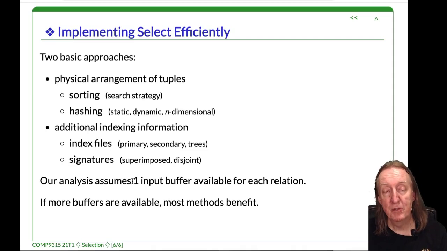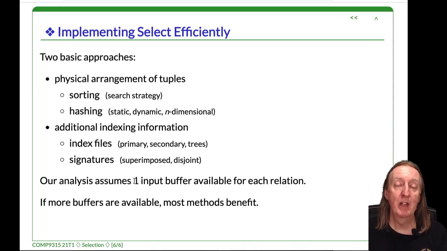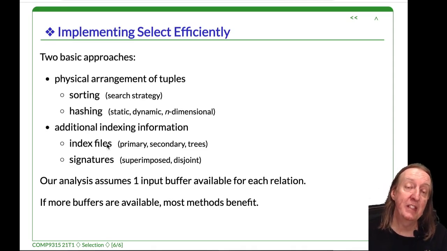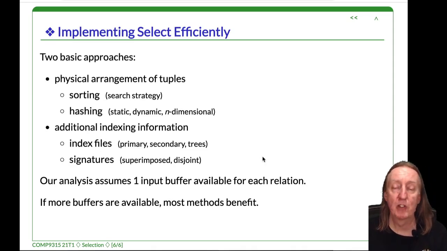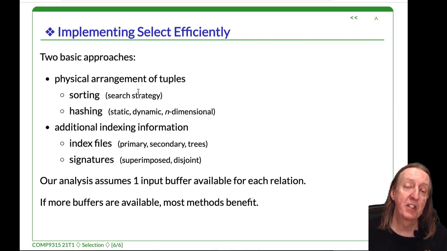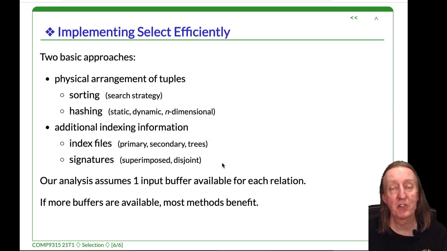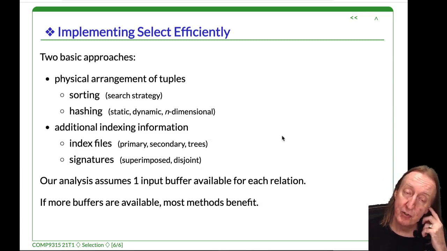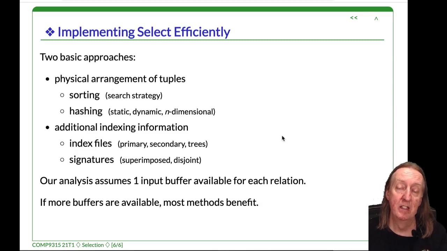So we're going to assume a single input buffer. Having multiple input buffers doesn't really change these algorithms. They basically all assume that. The number of pages in the output is going to be the same regardless of the method, because they're all attempting to do the same thing or produce the same result.